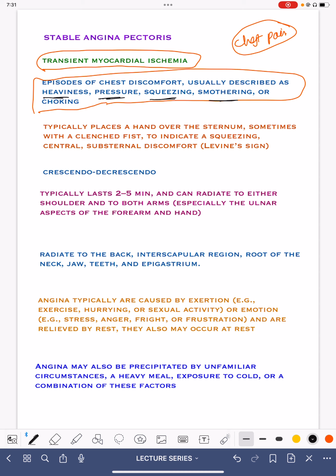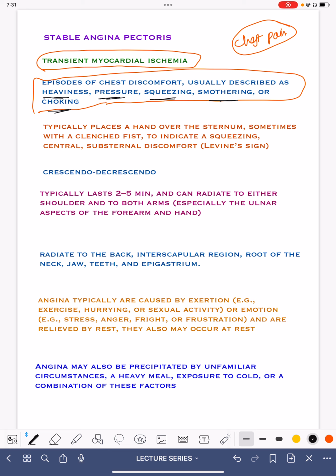It can also be felt as a smothering or choking type of sensation. Many times the patient may say that they have shortness of breath or palpitation, and the patient may typically have sweating also whenever they have chest pain.